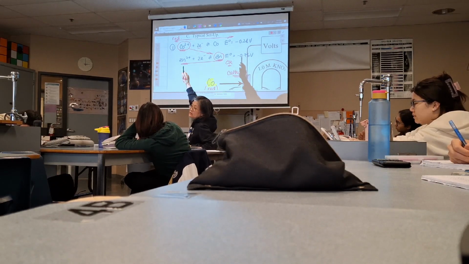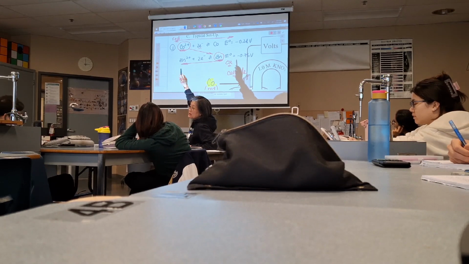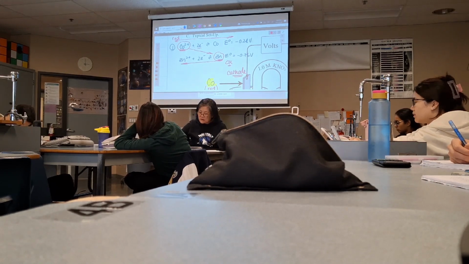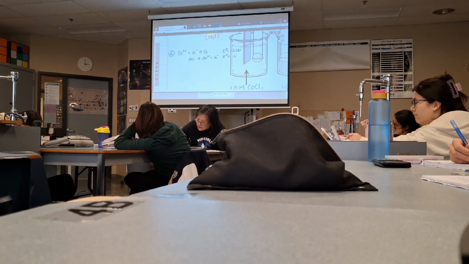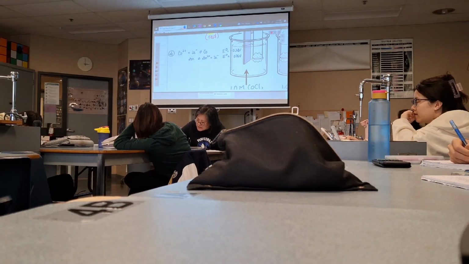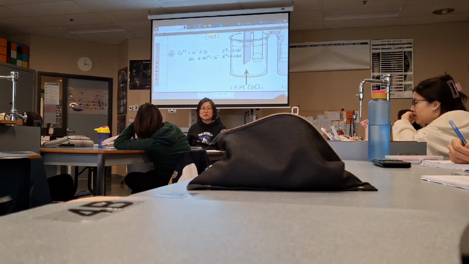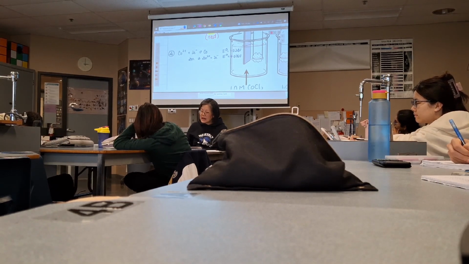So what should I now do to this value here? I make it positive. So therefore, I keep the E naught value the same, 0.76 volts, but this time I just change it into a positive value. Okay?